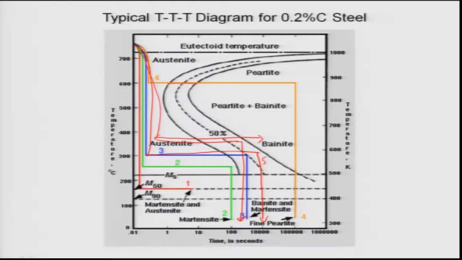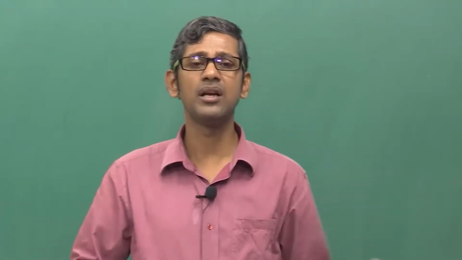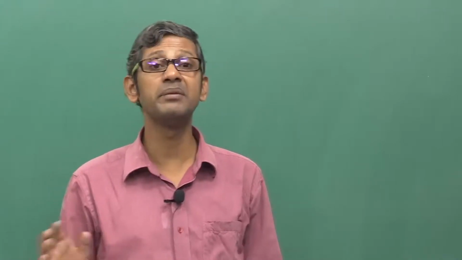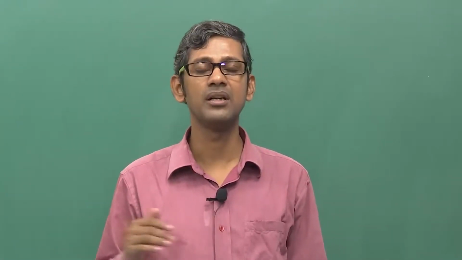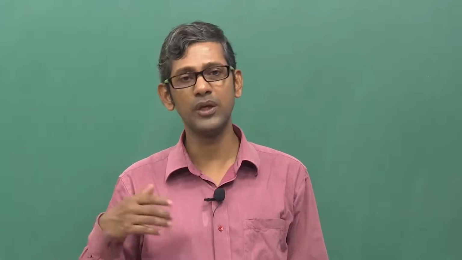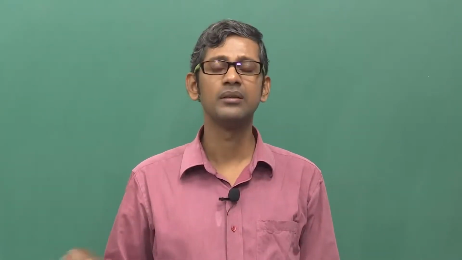The real kinetics of these transformations will be discussed later, because kinetics means how mathematically the transformation happens, how nucleation and growth affect it. That will be discussed separately, because diffusional transformations are of different types. We have seen precipitation, we have seen the eutectoid transformations, and we are going to see some more. So, once all the diffusional transformations are dealt with, we will discuss the kinetics of transformations separately.